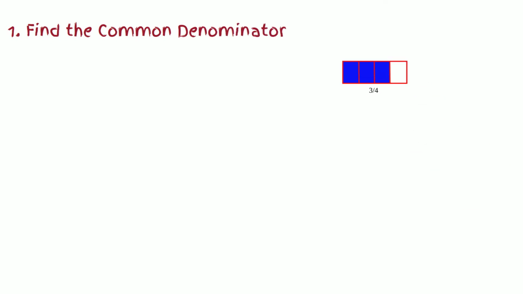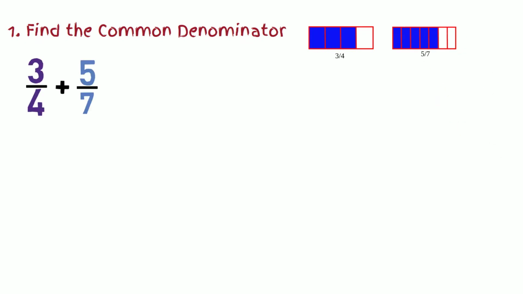Now that we understand how to find the common denominator, let's practice and use the steps that we discussed. Here's our next example. 3/4 plus 5/7. First, find the common denominator. 3/4 times 7/7.